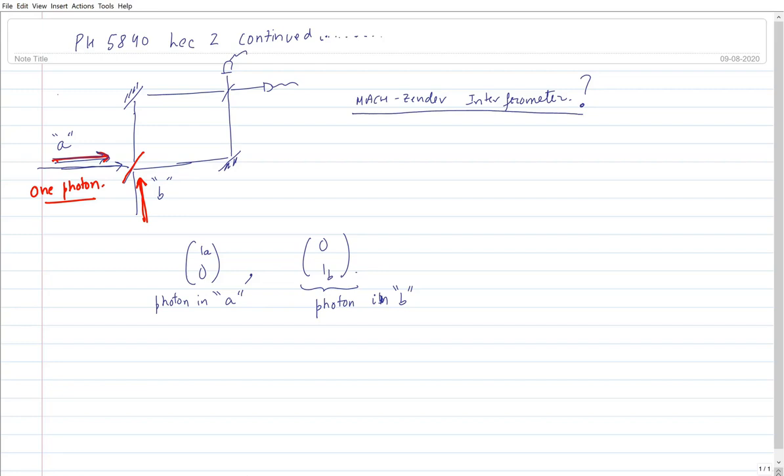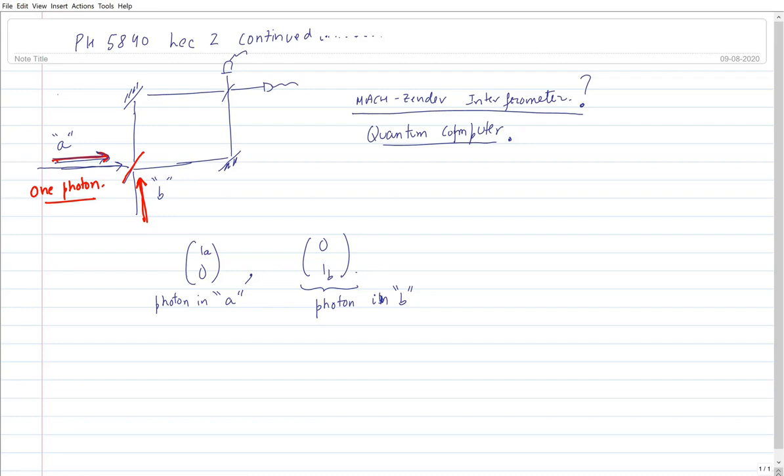So, to get the rabbit out of the hat, the Mach-Zehnder interferometer for you guys is your first quantum computer. Of course, we need to make the interferometer work like a computer or put some other bells and whistles into it.